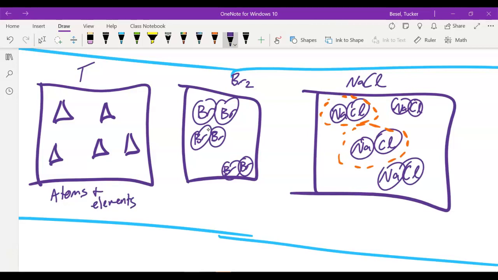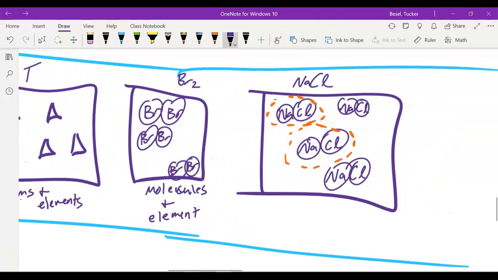This one is a pure substance that is molecules. Molecules. And an element as well. This one would be a pure substance that is just a compound. And I suppose also a molecule. Okay, so you can have pure substances that are made up of different kinds of particles, but all of the particles must be uniform or the same throughout.